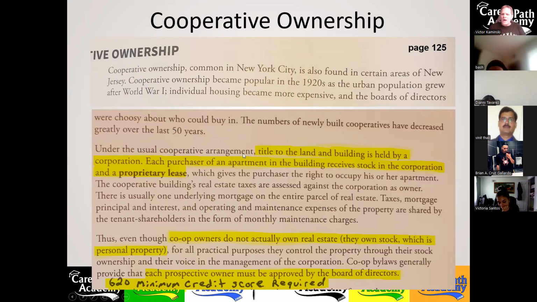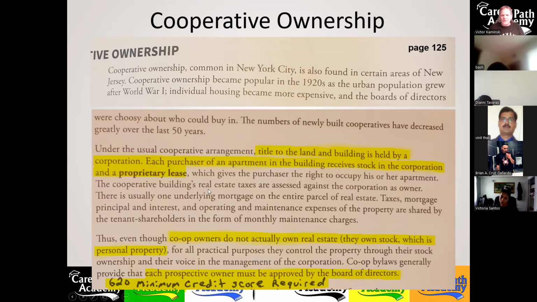Under the usual cooperative arrangement, title to the land and building is held by a corporation. Each purchaser of an apartment in the building receives the stock in the corporation and receives a proprietary lease that would allow them to occupy the space in which they live. That's their apartment.